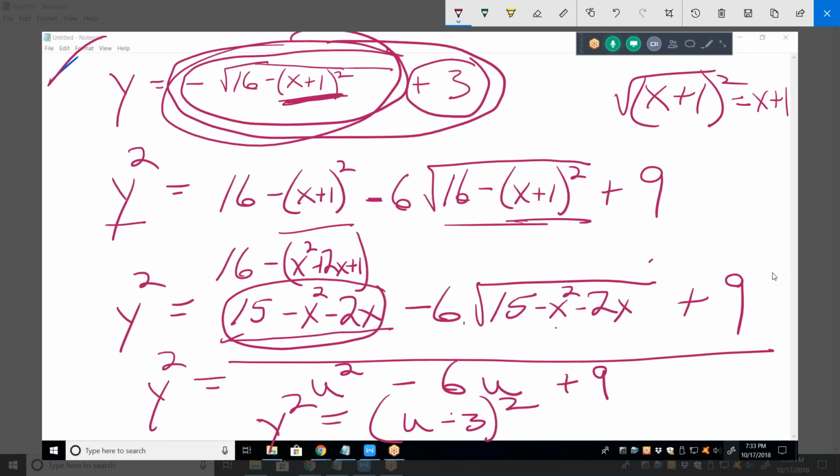I don't even know how to put that into vertex form. Even though it looks kind of like it's in vertex form, I don't know how to simplify that right there. I'm looking at a difference of squares, so that's 4 minus that times 4 plus that. But I don't know how to take the square root of that either.